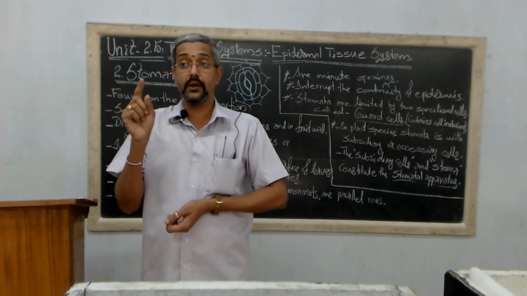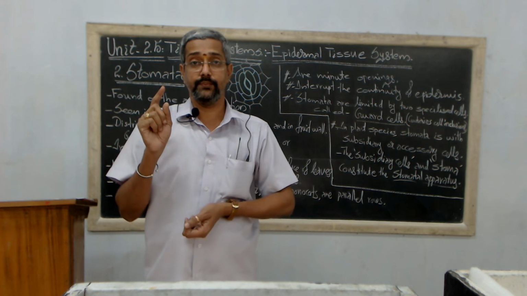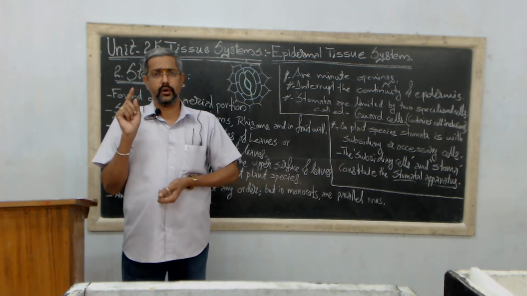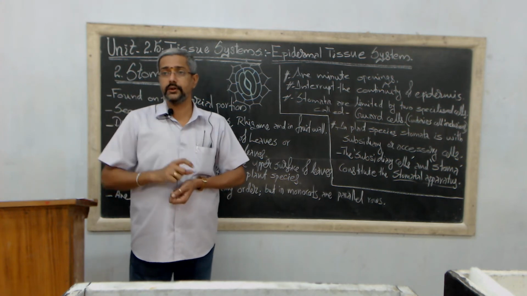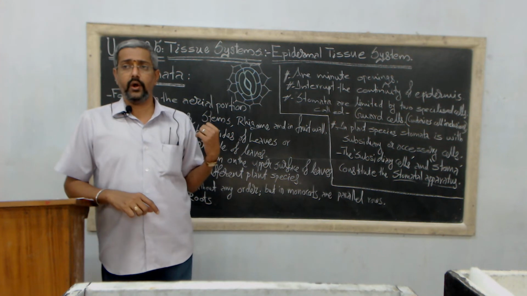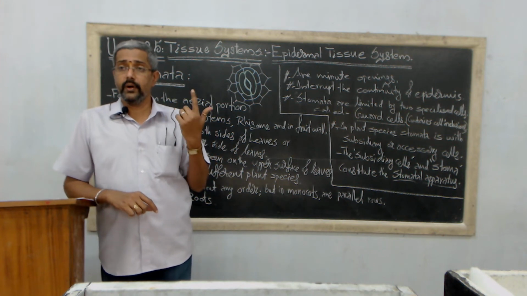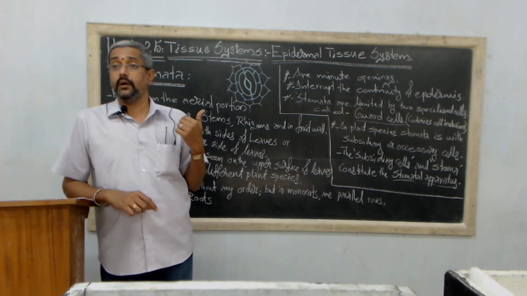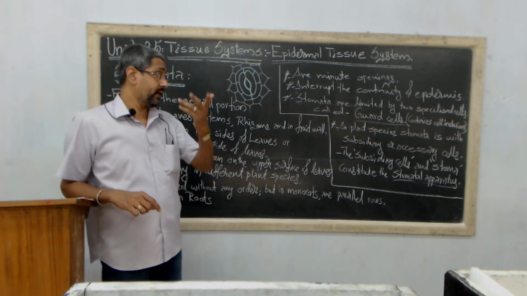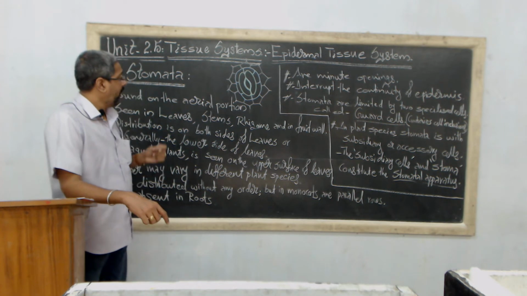Cuticle is absent in the root system, and thereby the epidermis in root is called epiblema. When studying stomata, we can remember that roots are devoid of stomata. And how are they seen?